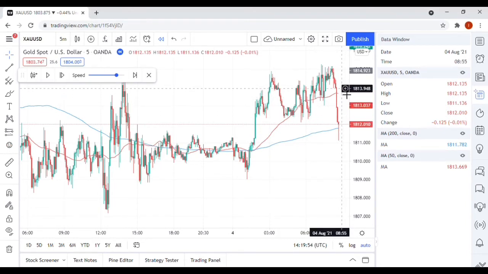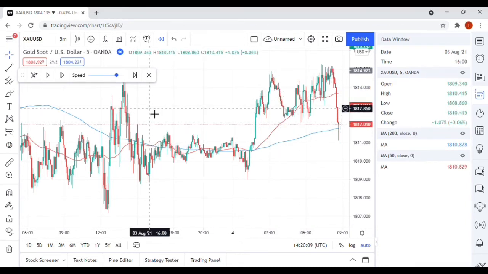So once we see one candlestick close above here, we can actually jump in for a buy. So let's go on and play this price action here and see what's going to happen.